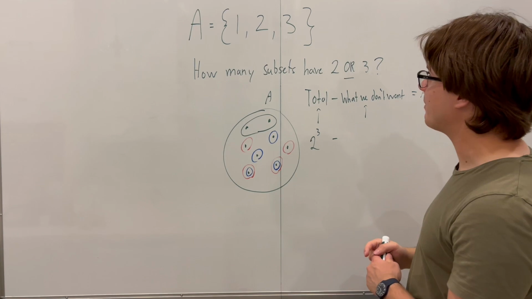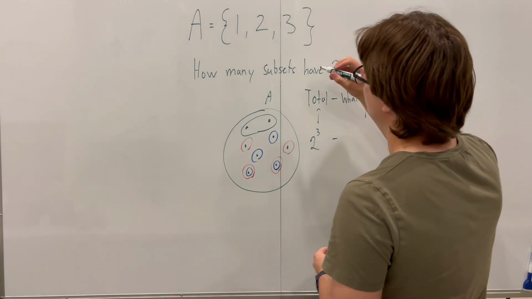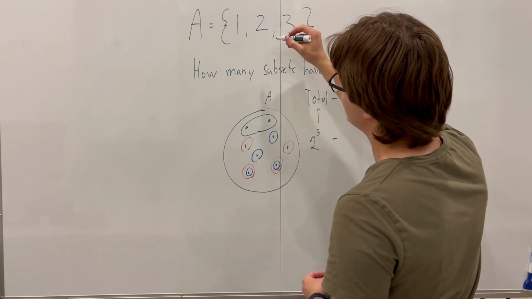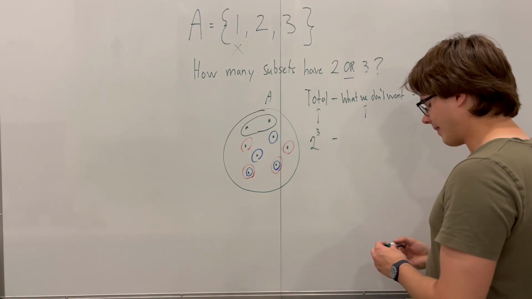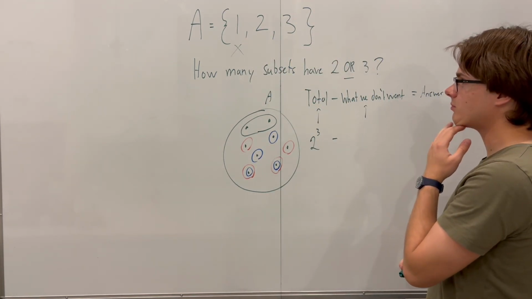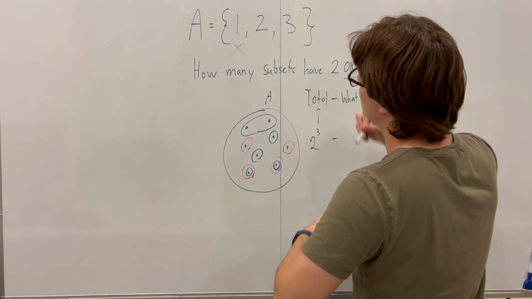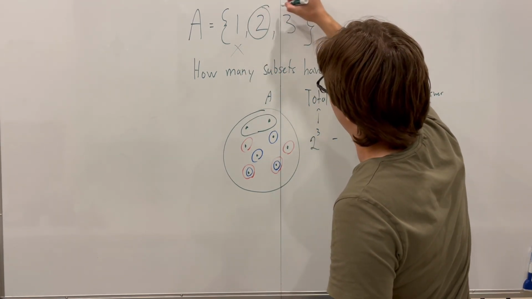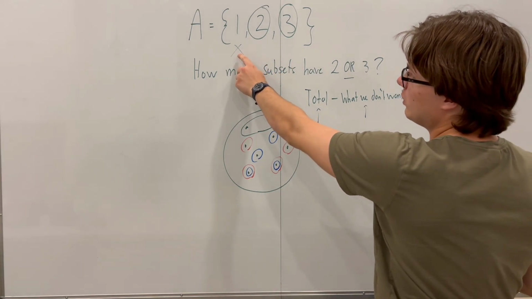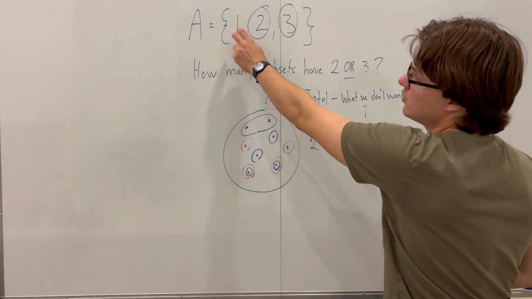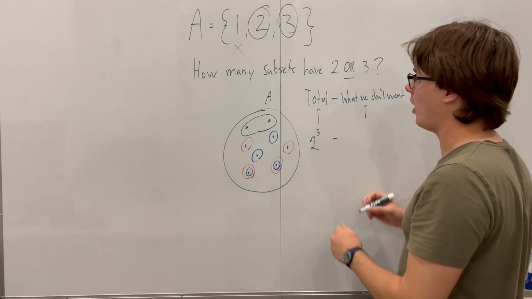But how would you think about this? Well, you say, okay, we don't want to have a 1, so we can put a cross over here. And then we ask ourselves, if that's what we're looking to compute, let's forget about these elements I'm going to circle. So what we're really wanting to compute is how many sets have a 1 in them, just a 1.